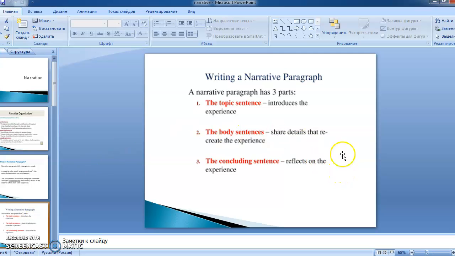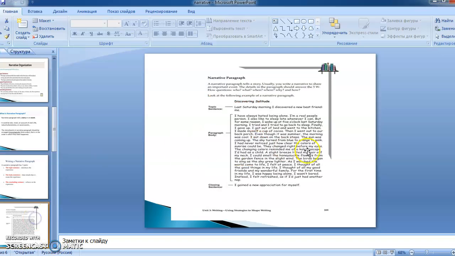Writing a narrative paragraph, here is a kind of repetition: a narrative paragraph, as you can see, has three parts: the topic sentence, the body sentences, and the concluding sentence. And here is an example of a narrative paragraph.